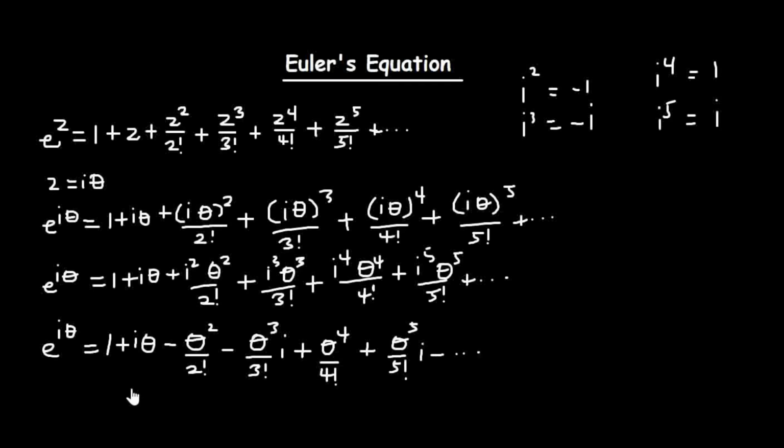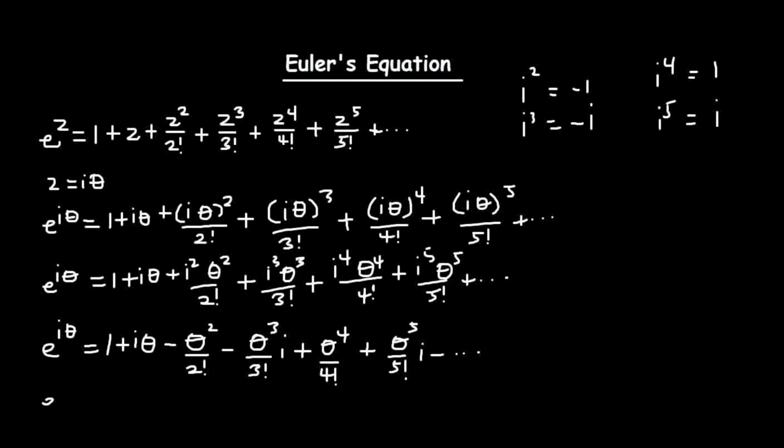From here, what you are going to do is group like terms, which means you are going to group the real parts from the imaginary part. The imaginary parts are the parts that are being multiplied by i, the imaginary number, which is a complex number. So any part that is being multiplied by i is going to be separated from the part that's not being multiplied by i.